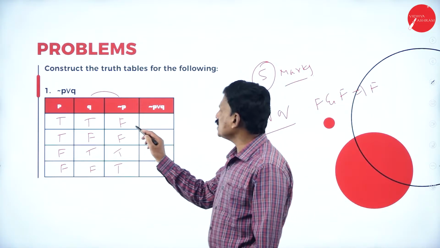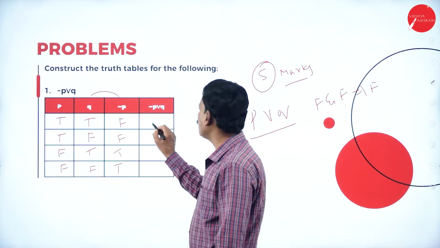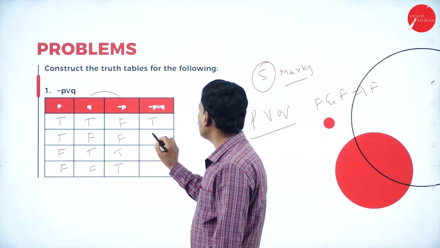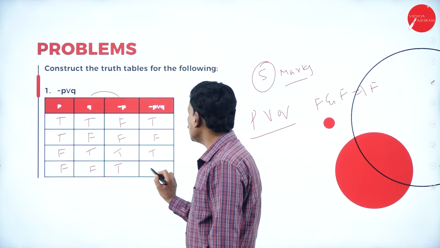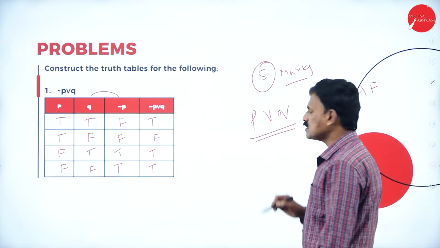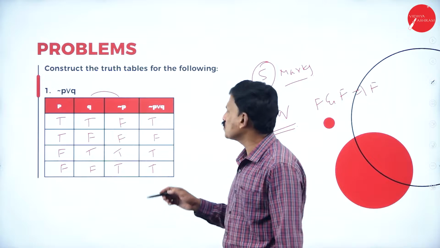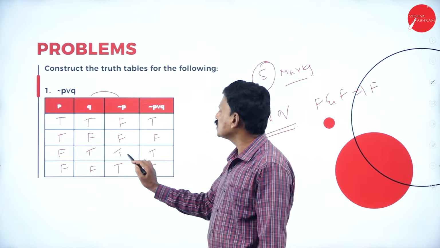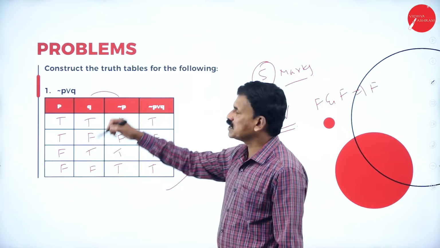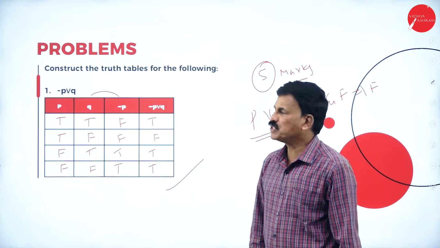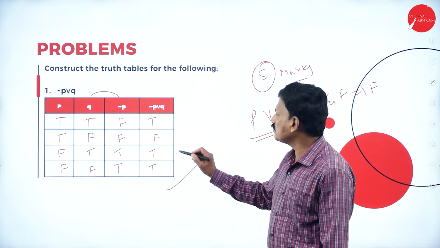So the disjunction between negation P and Q: F and T is true, F and F is false, T and T is T, and T and F is T. In case of disjunction, false and false is false, in all other cases it is true. Hence the truth table for negation of P disjunction Q is T, F, T, T.